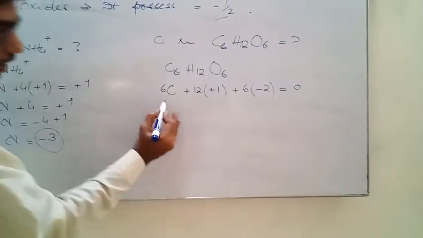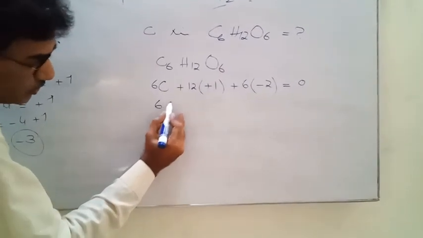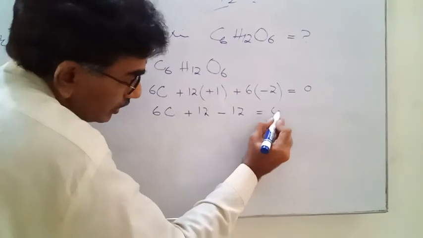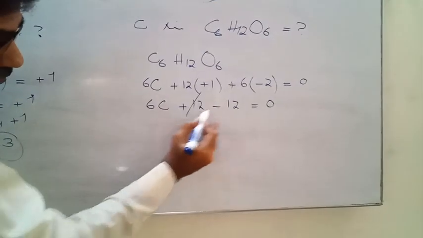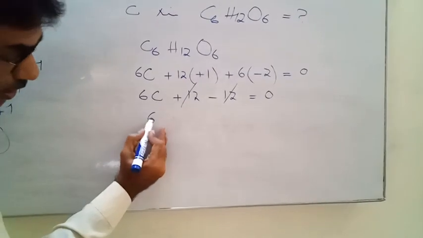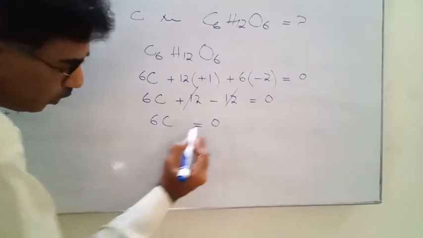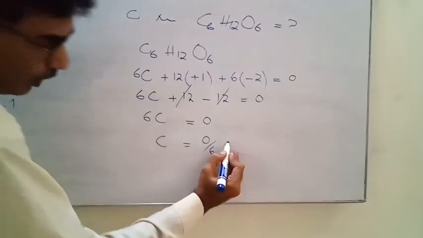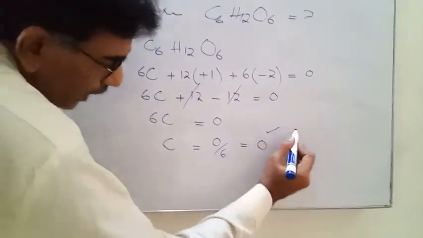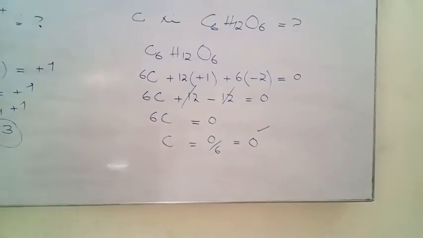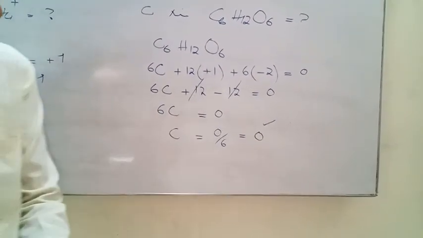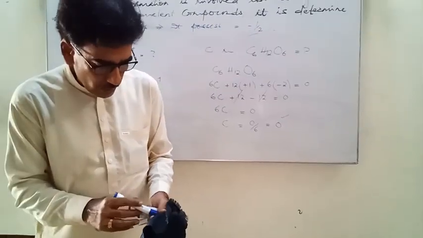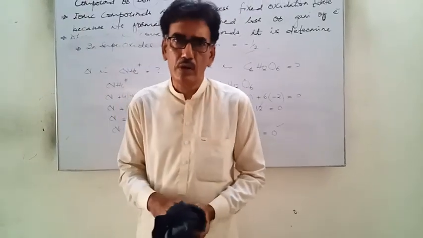Next is the simplification: 6 carbon plus 12 minus 12 is equal to 0. Plus and minus are cancelled, so 6 carbon is equal to 0, and when 0 is divided by any number you get 0. So the oxidation number of carbon in glucose is 0.